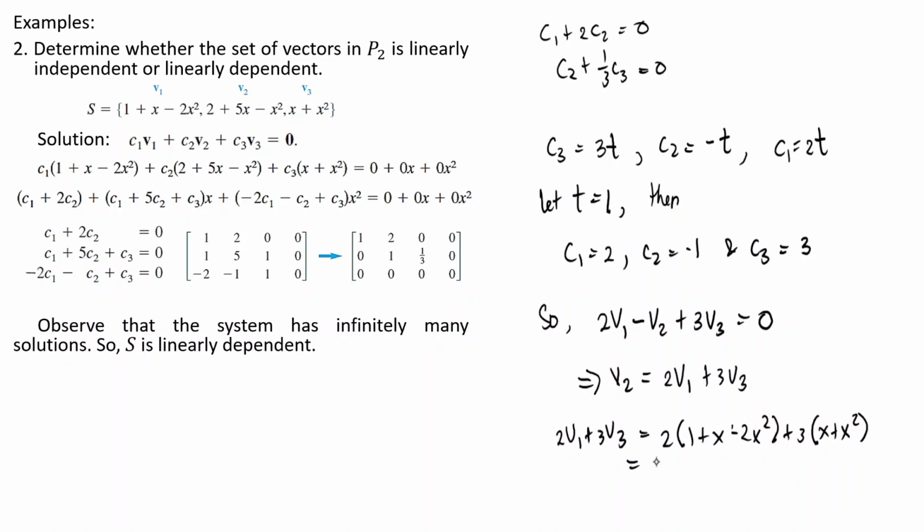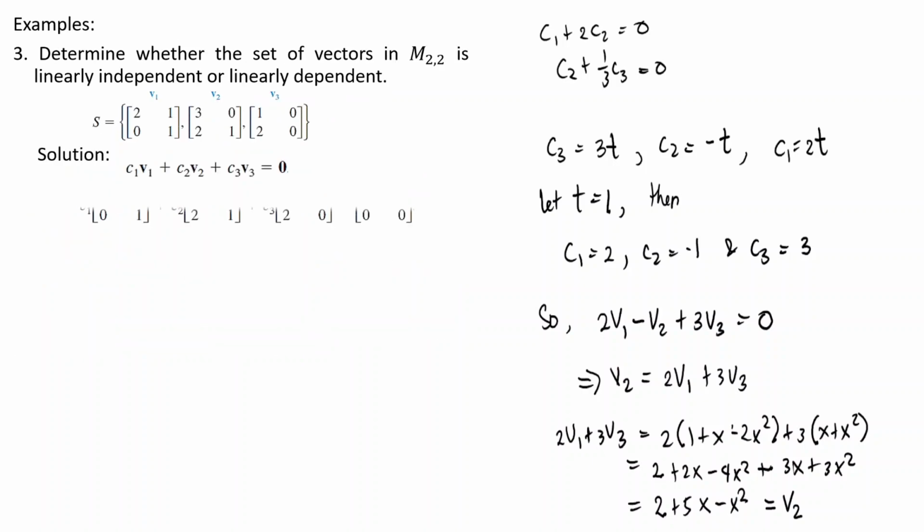So this is equal to 2 plus 2x minus 4x squared, plus 3x plus 3x squared, and adding the like terms, we have 2 plus 5x minus x squared, which is equal to v sub 2.